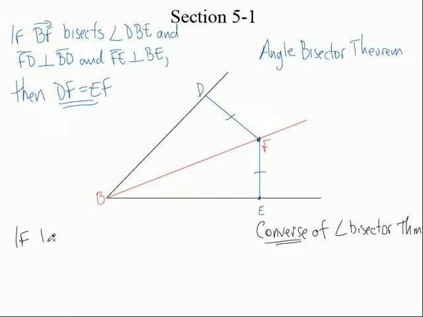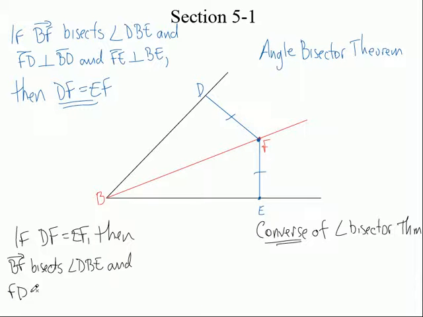If DF equals EF, then all that stuff is true: BF bisects angle DBE, FD is perpendicular to BD, and FE is perpendicular to BE.